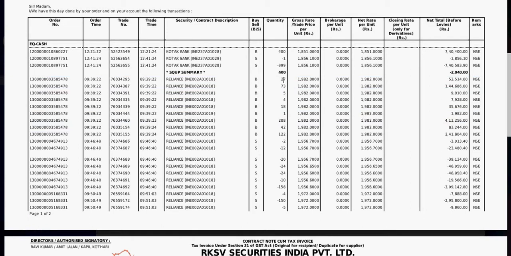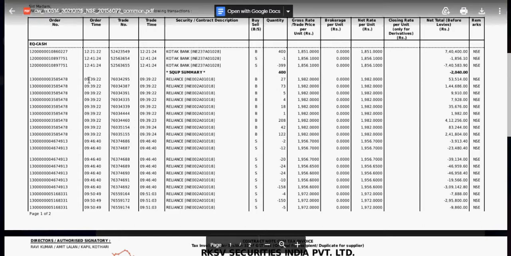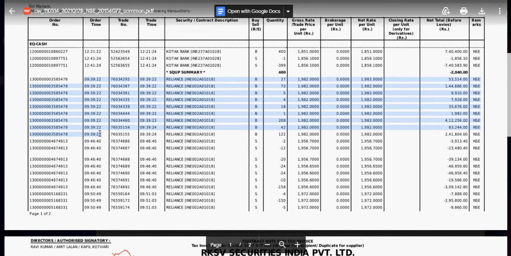So some seller was selling 27 shares, some seller was selling 73 shares. Whatever those sellers were selling, they got filled until my 500 share order was filled. So the time is the same, you can see 9:39:22, because that is just the one order.